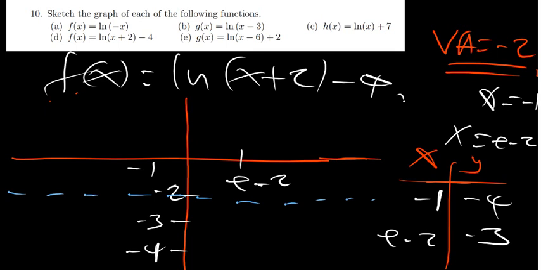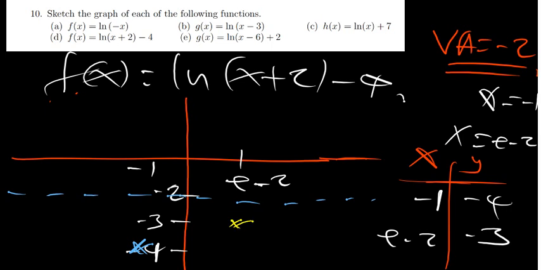That is our vertical asymptote. So I've got negative 1 all the way to comma negative 4, which is this point here. Next I have e minus 2, which is going to be which point? Let's see. We have e minus 2 comma negative 3, which is this point here.